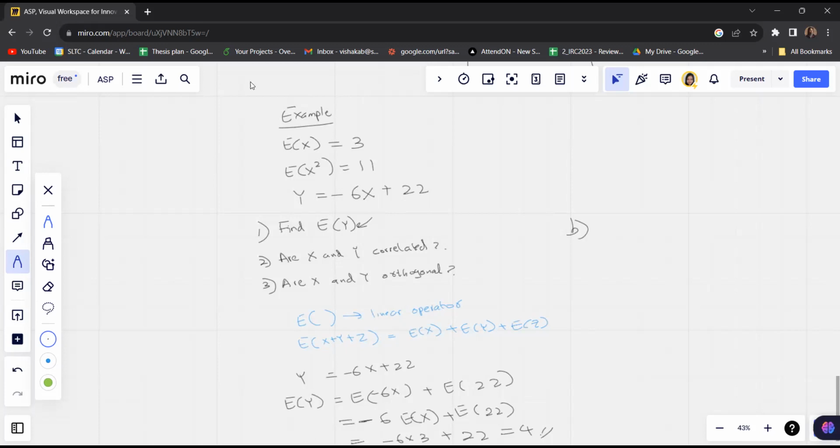I'm sorry, it's a ballpark guess, without mathematical calculations. So you can mathematically show this. Using that method, I think we can directly say whether these are correlated or orthogonal.